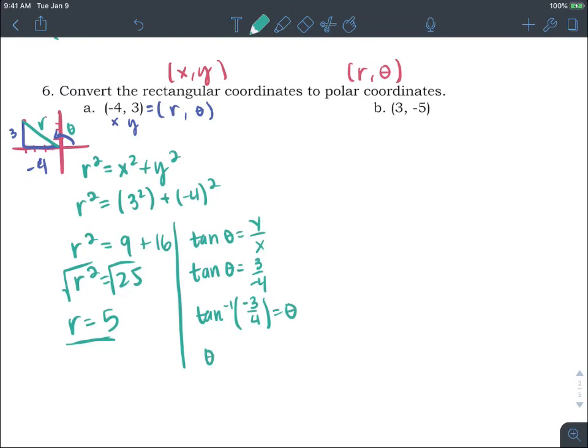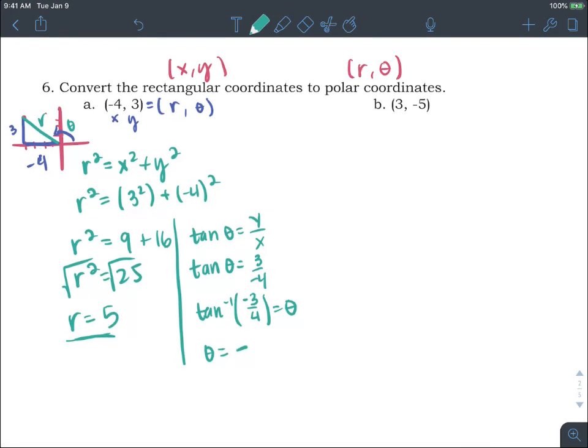In degrees, theta is negative 36.89 degrees, but this is the fourth quadrant, and we need to get into the second quadrant, so we're going to add 180 degrees, which gives us 143.13 degrees. So our r comma theta would be 5 comma 143.13 degrees.